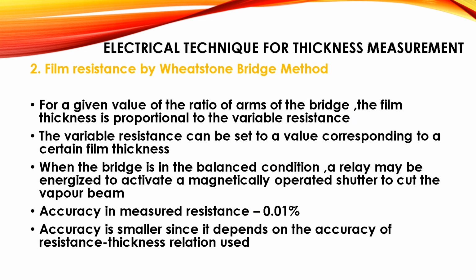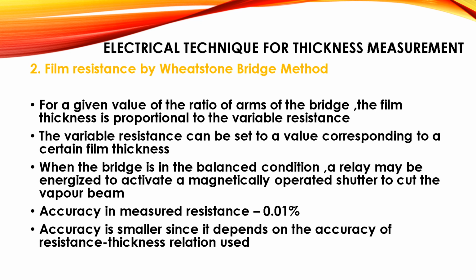For a given value of the ratio of arms of the bridge, the film thickness is proportional to the variable resistance. The variable resistance can be set to a value corresponding to a certain film thickness. When the bridge is in the balanced condition, a relay may be energized to activate a magnetically operated shutter to cut the vapor beam.